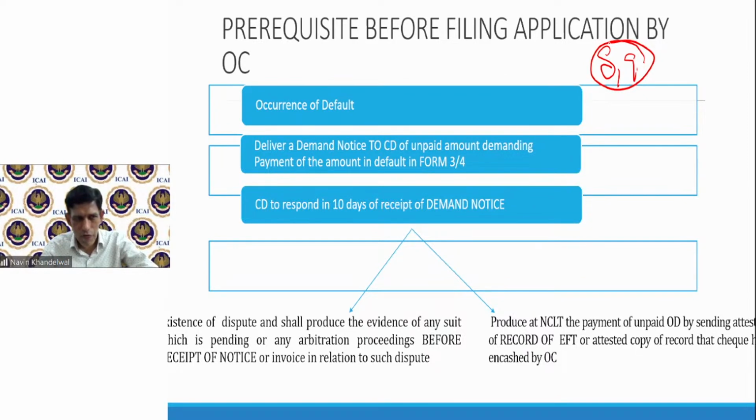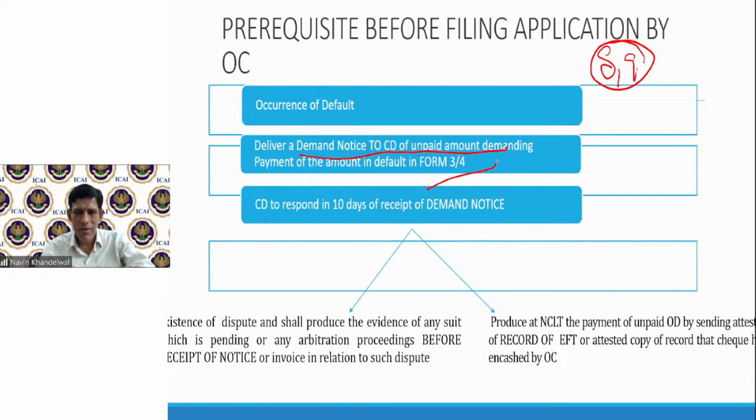So on the occurrence of default, when the debt becomes due and the party has not made a payment, the operational creditor has to deliver a demand notice to the corporate debtor for the unpaid amount, demanding payment of the amount in default in a specified form, Form 3 and Form 4. So it will send a notice.